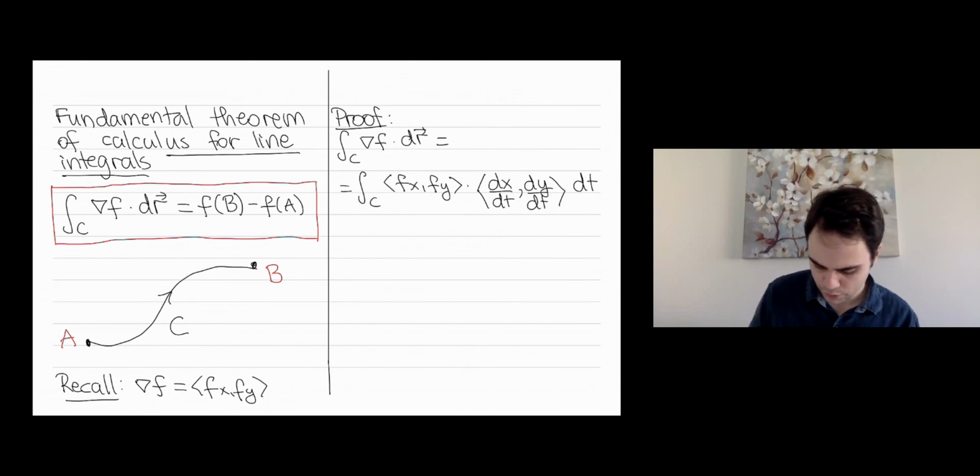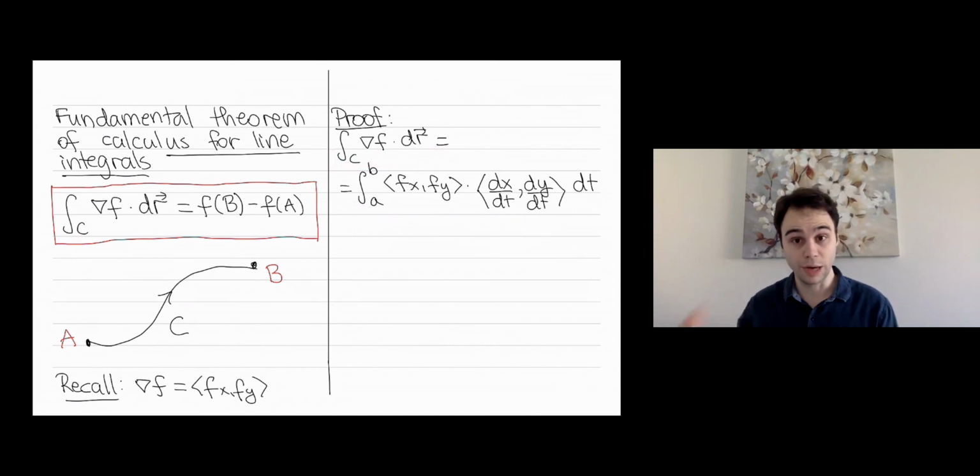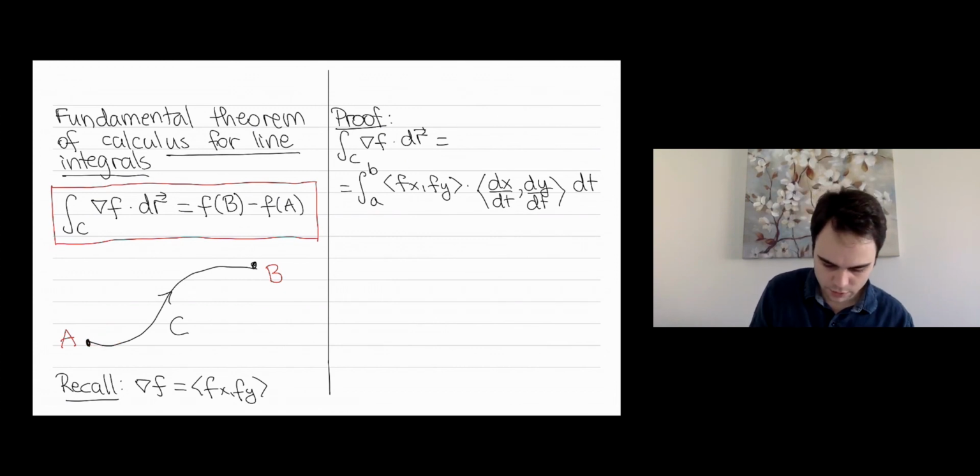I'm going to expand my integral, so replace my line integral by an ordinary integral with respect to a parameter, where when t is little a, I'm over here. So this is r of a, this is r of b, and here in the middle I have r of t for some intermediate value of t between a and b.